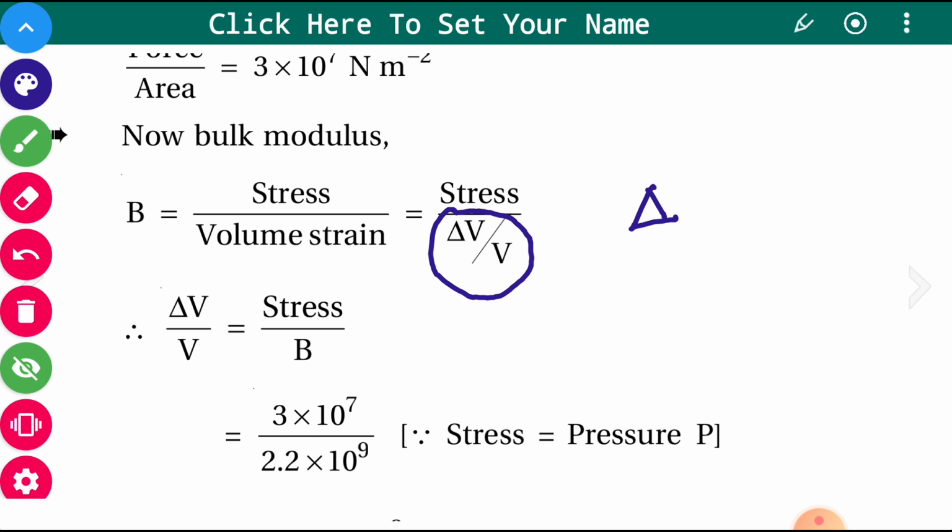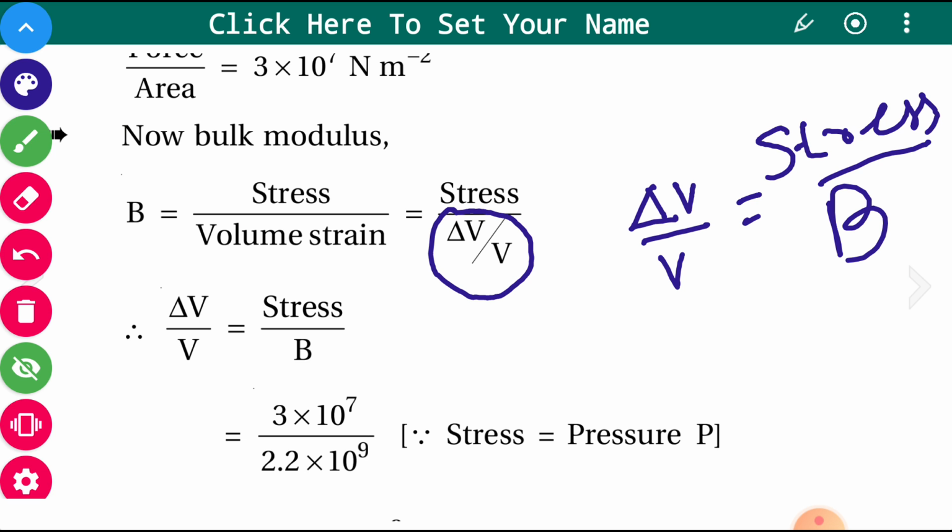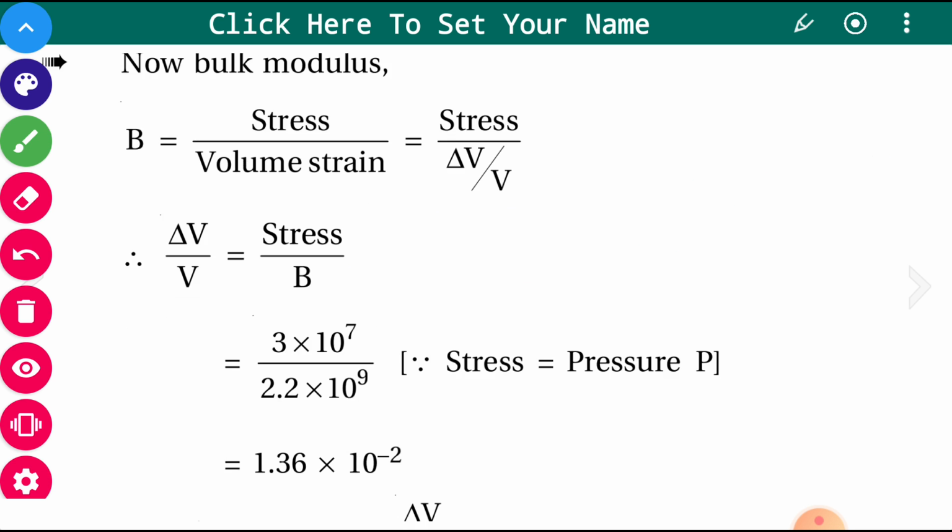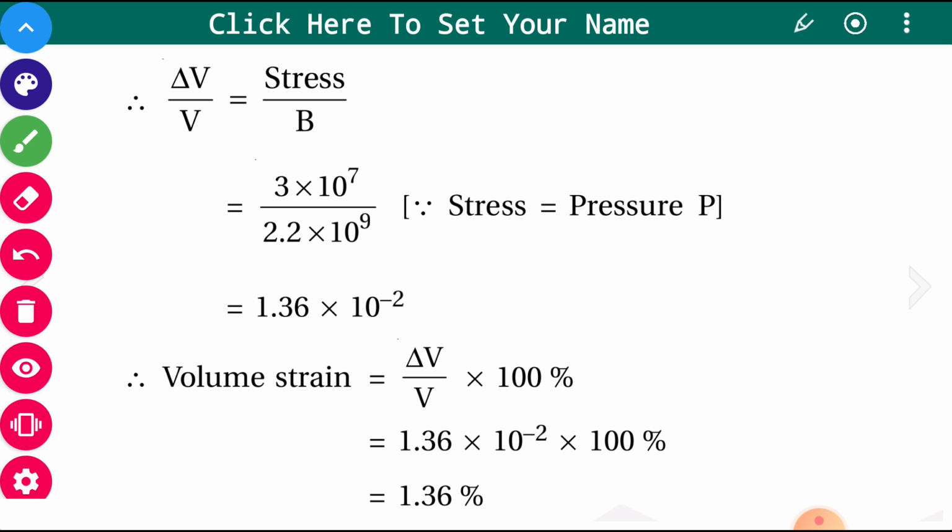So delta V upon V is equal to stress upon bulk modulus. Place the values here, instead of stress whatever value we got, 3 into 10 raised to 7. Bulk modulus is given. Just simplify, you will get the value of delta V upon V.